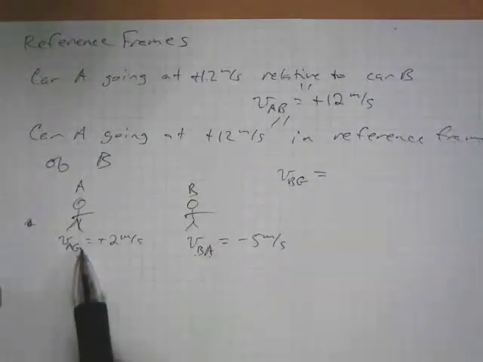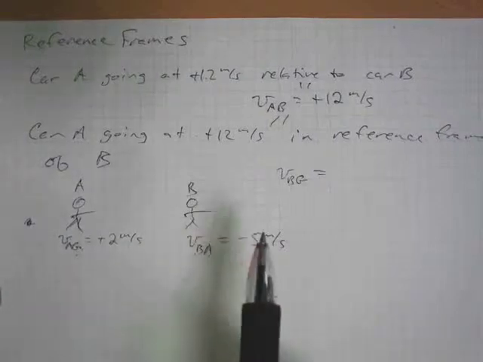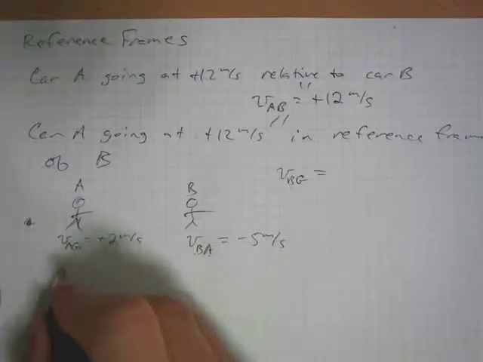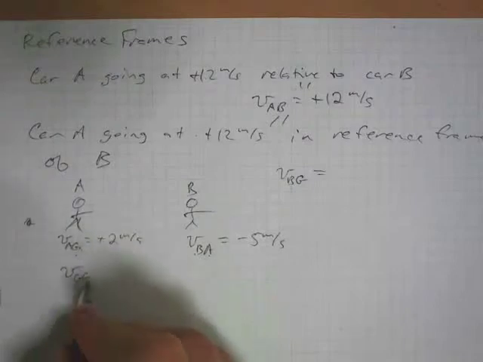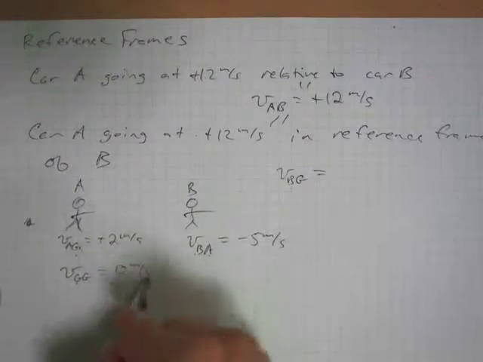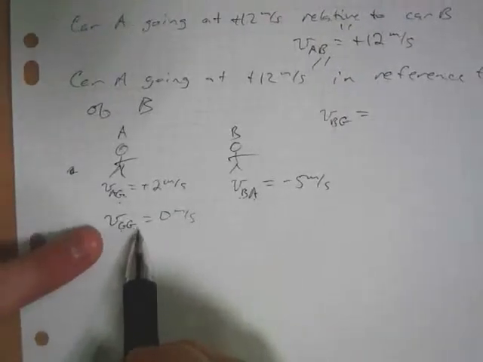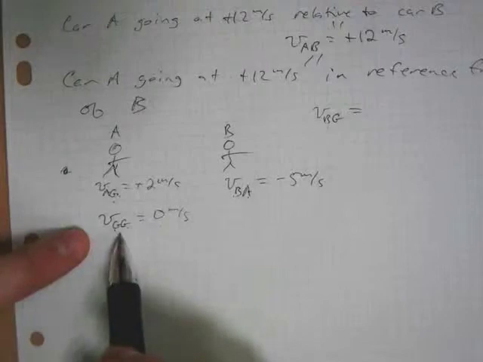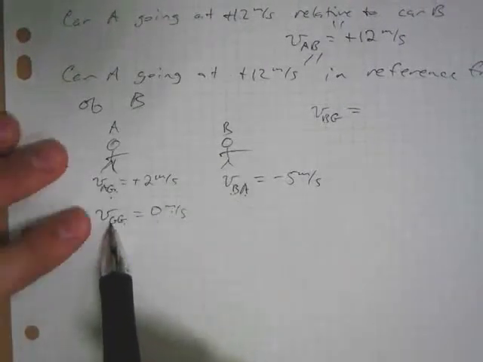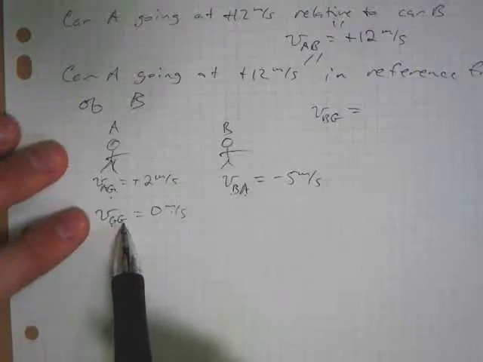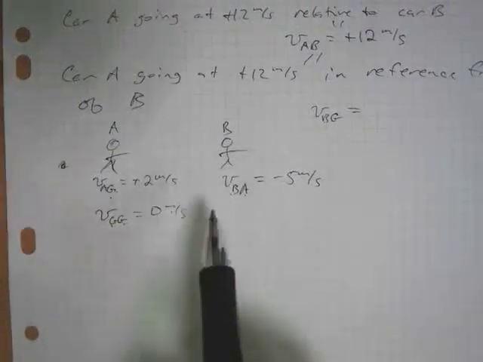Now this is very obvious: the velocity of anything relative to itself is 0. This is kind of an intermediate thought step. You don't have to write this down once you get a handle on how this works. But the velocity of the ground relative to itself is 0 meters per second. Obviously, right?